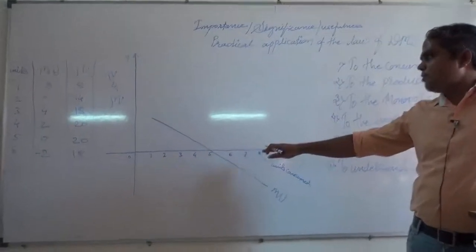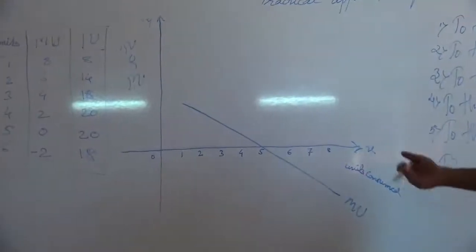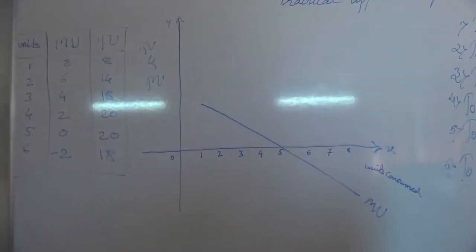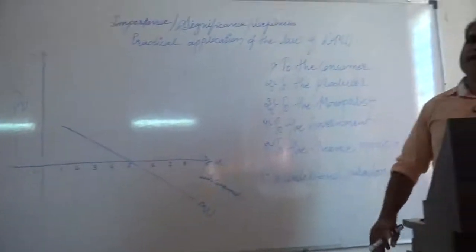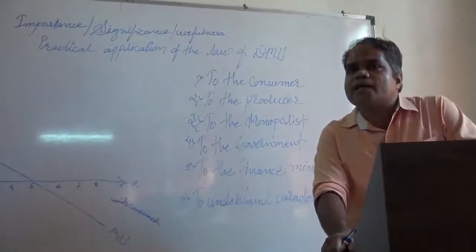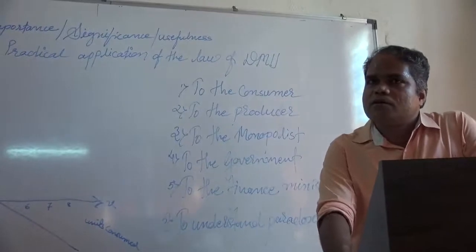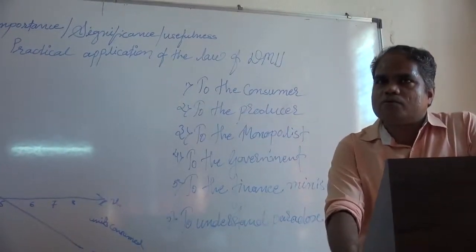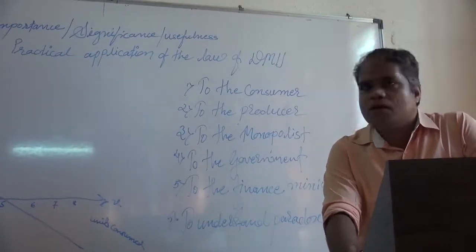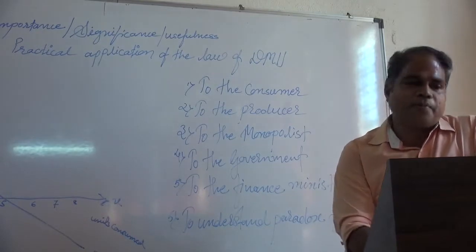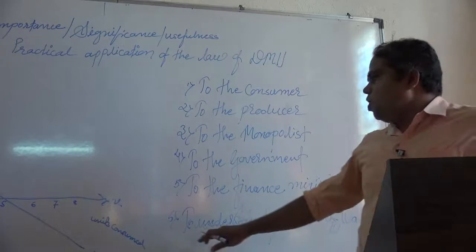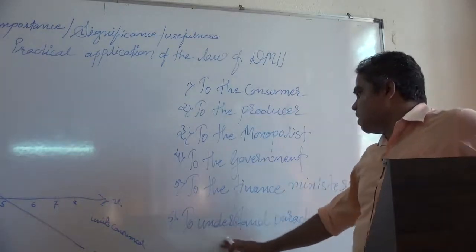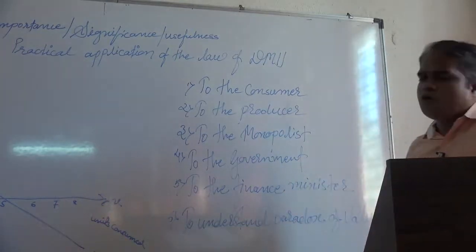As the level of income increases, the marginal utility of money decreases. So, therefore, the government or finance minister imposes higher tax on rich class people and lower tax on lower income group people. Then the last one: the law of diminishing marginal utility helps to understand the paradox of value.